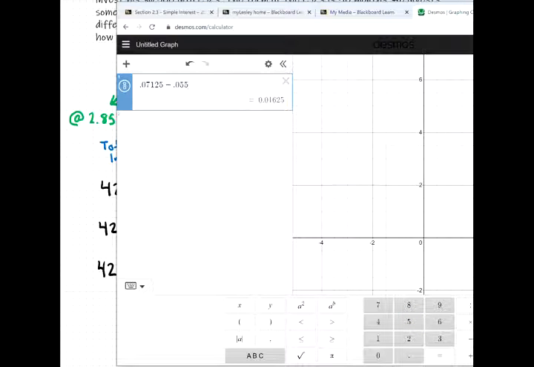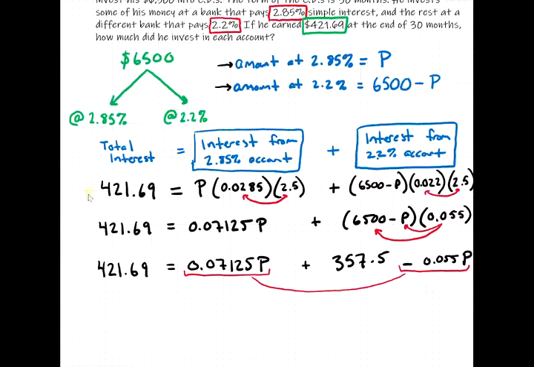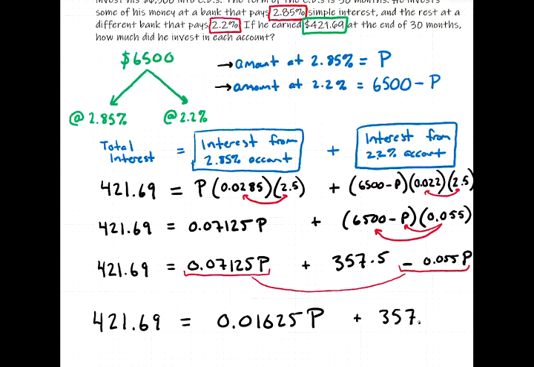All right, so we're left with 0.01625. Let's go back to black. So we're at 421.69 is equal to 0.01625p. That's how many p's we have. And then there's a plus 357.5. It looks like we're moving in the right direction.